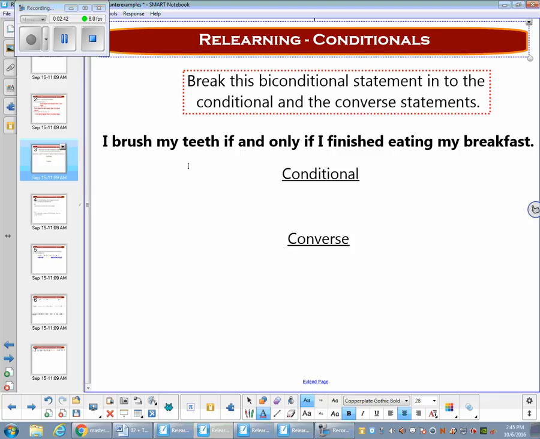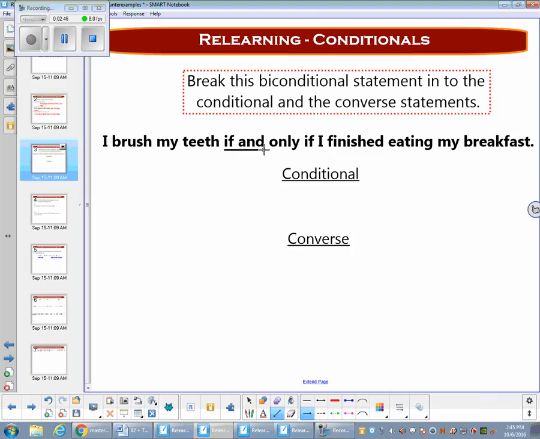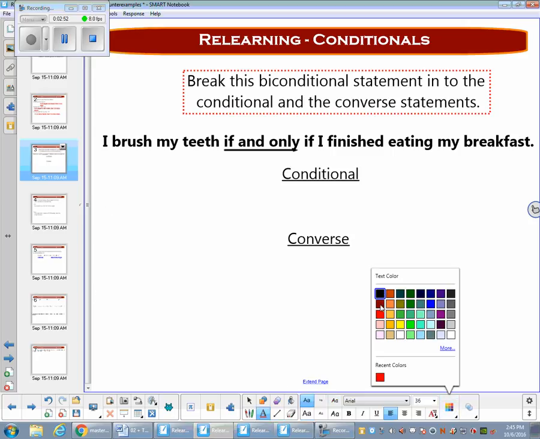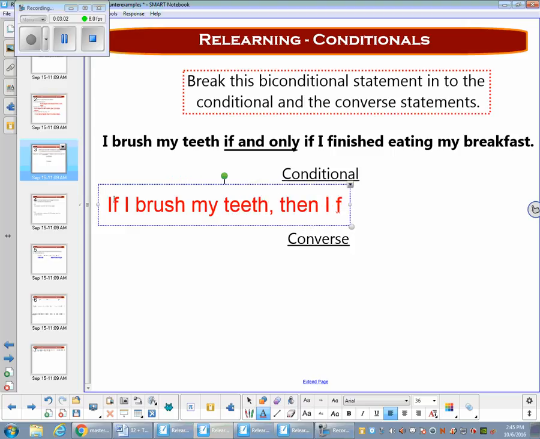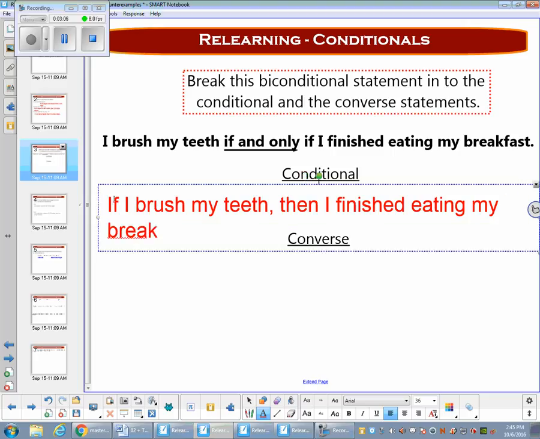Here we have biconditionals. Biconditionals are statements that have if and only if in them. And a biconditional means two things. It means first the conditional. So I'd say, if I brush my teeth, then I finished eating my breakfast.